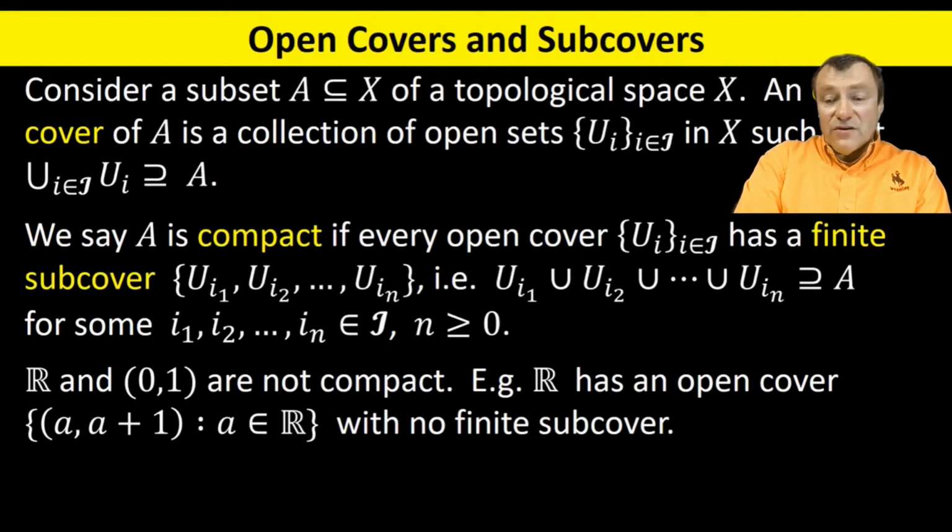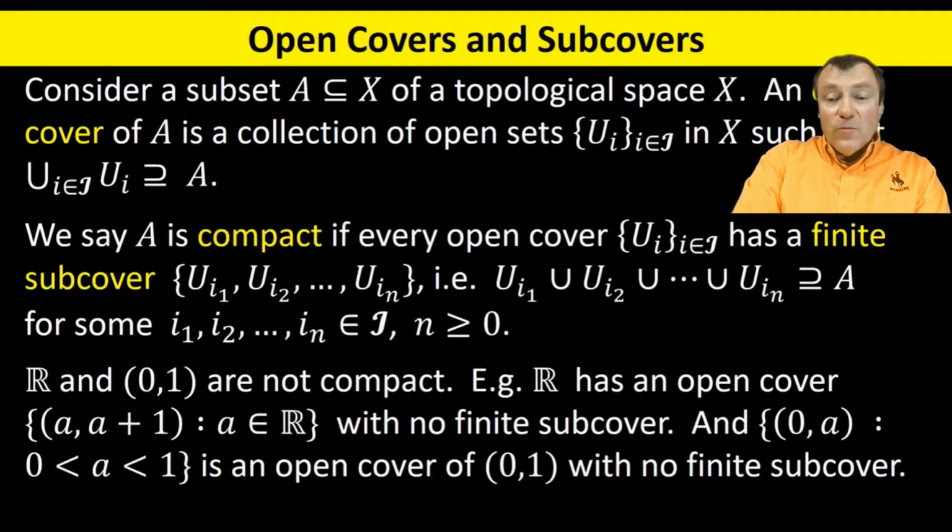So, this cover has no finite subcover. Please note that the real line can be covered by finitely many open intervals, even a single open interval. But the point is that we cannot cover the real line with any finite subcover of the given cover.